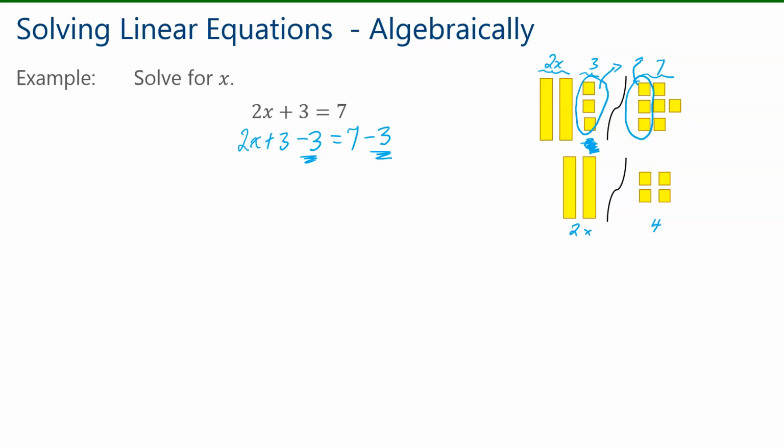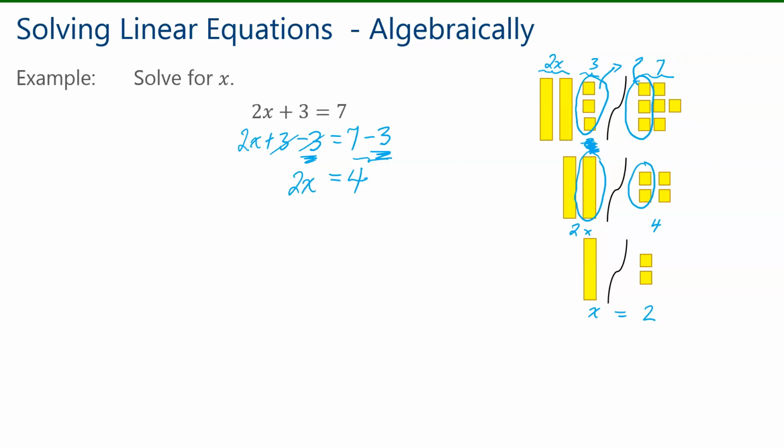Symbolically, it fits perfectly. Plus 3 minus 3, that goes away. We're just left with 2x. On the right-hand side, 7 subtract 3 is indeed 4. Back to our algebra tiles. Now we group one variable tile with 2 unit tiles, giving us x equals 2.